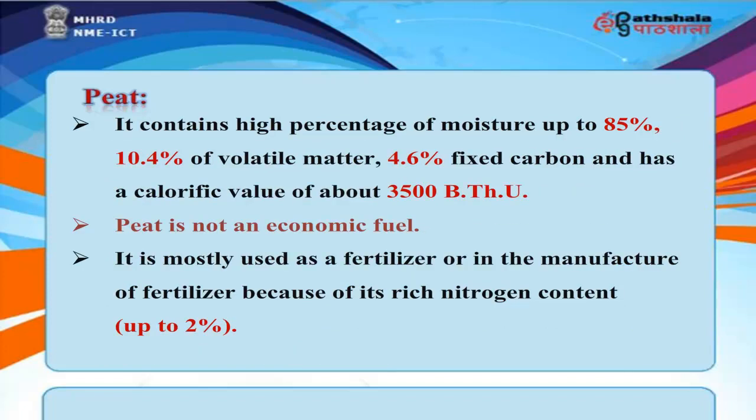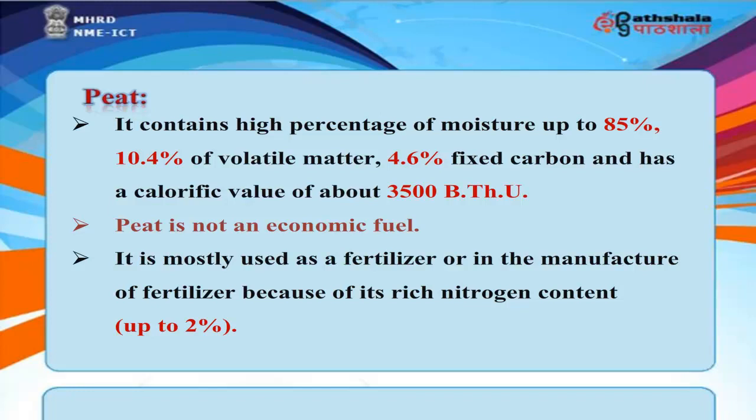It contains a high percentage of moisture, up to 85%, 10.4% of volatile matter, 4.6% of fixed carbon, and has a calorific value of about 3,500 British thermal units. Peat is not an economical fuel.